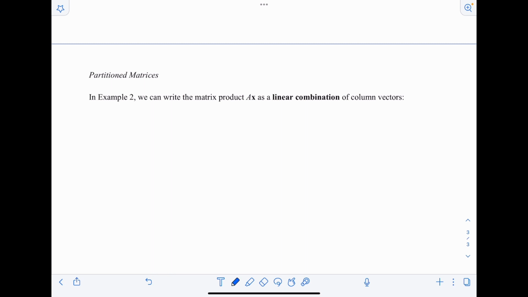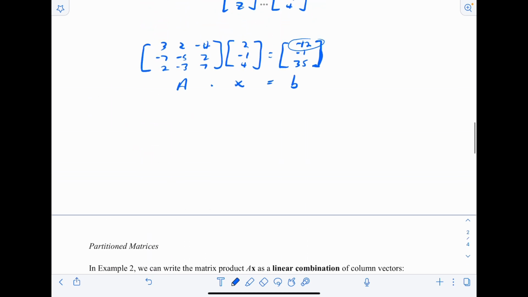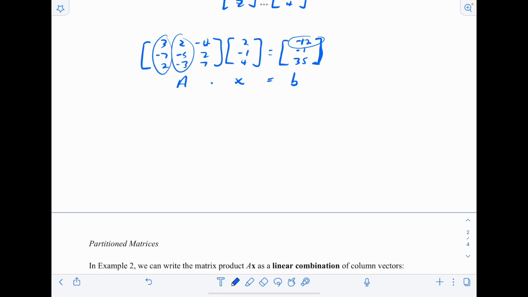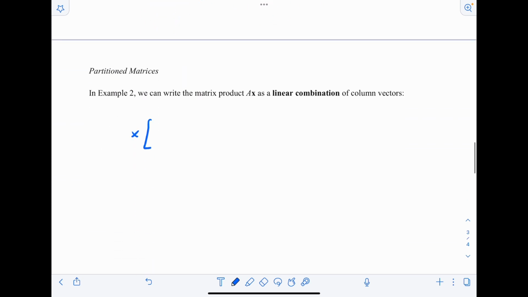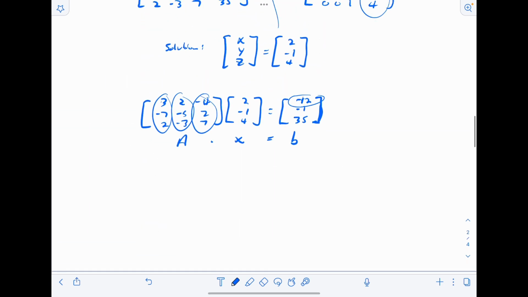And so I'm going to start very generically and, using our example, take each of these columns and think of them as separate matrices, where the first column would be my x's. So I'd write 3, negative 7, 2, because those are the coefficients for x.